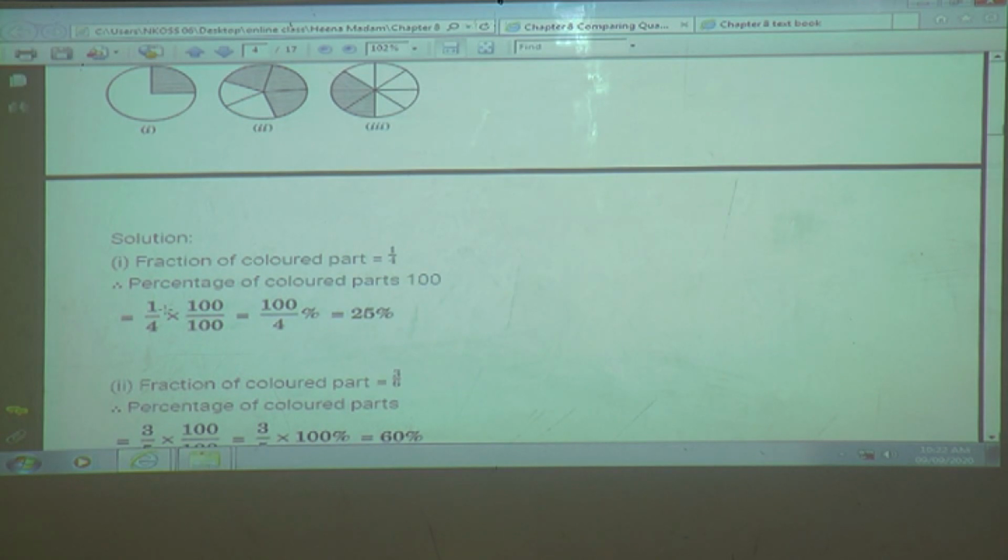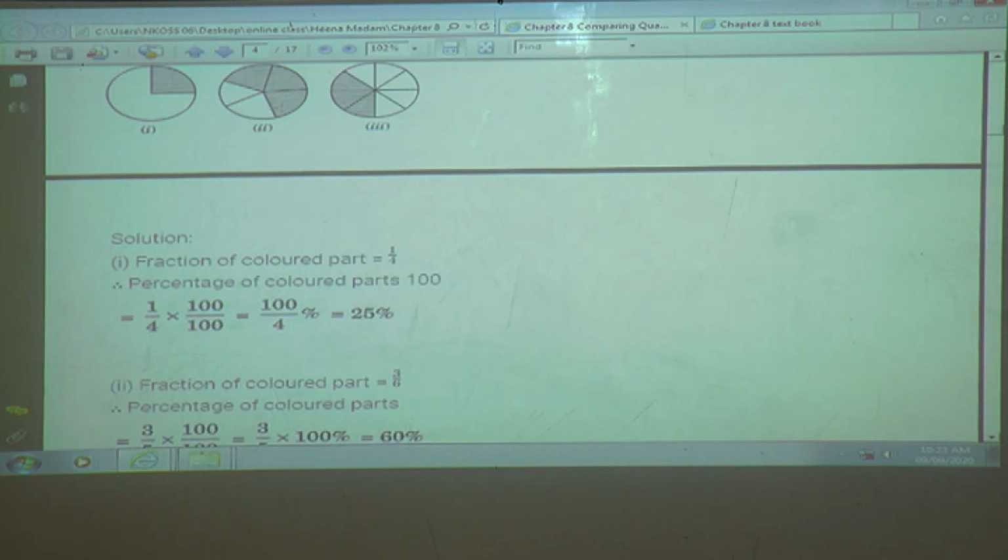So we do 1/4 multiplied by 100, which is nothing but 100/4. Try to reduce. After reduction, 4 25s are 100, you get 25%. So 25% of the first figure is colored.